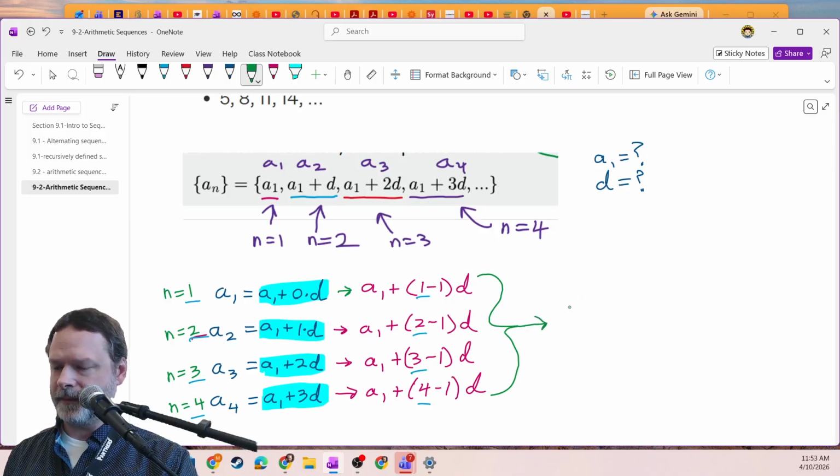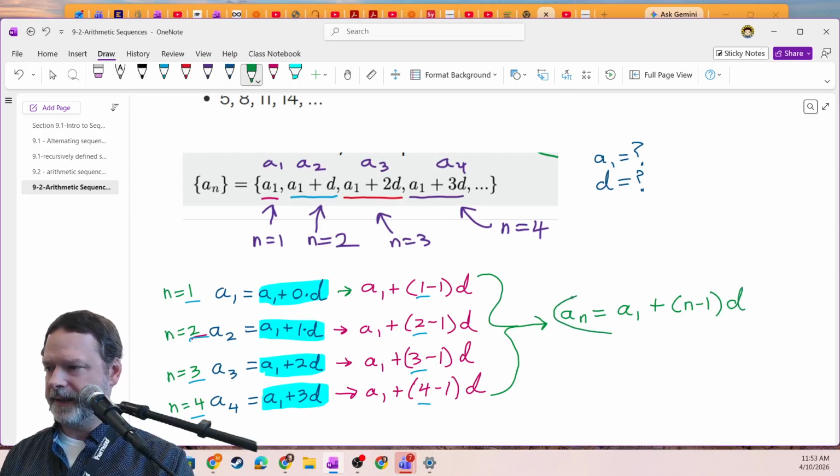All that is going to imply that a sub n is really equal to a sub 1 plus n minus 1 times my common difference. And there it is.